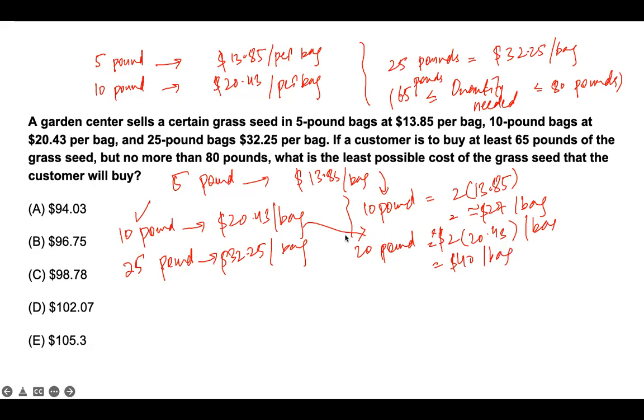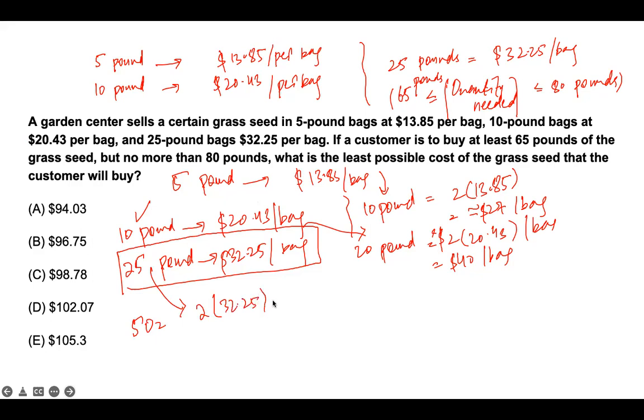So based on all these, the best average price per pound is given for the 25 pound. For making a 50 pound, if I take twice of this 25 pound, which is 2 into 32.25, this is around 64.50.